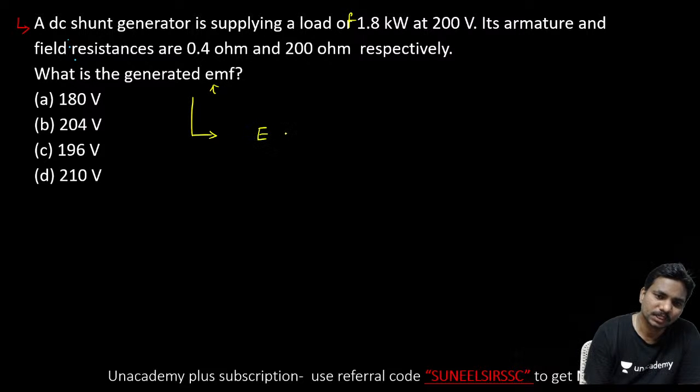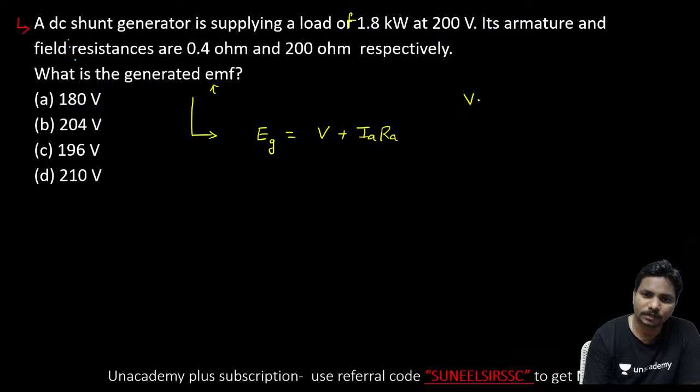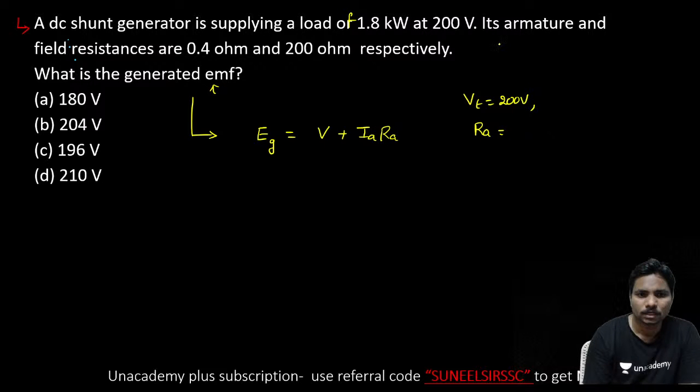In case of a generator, generated EMF is equal to terminal voltage plus IA into RA. They have given terminal voltage V as 200 volt and armature resistance RA as 0.4 ohms.